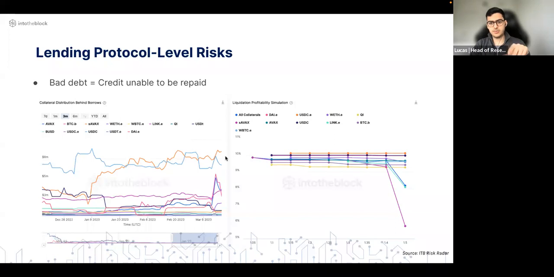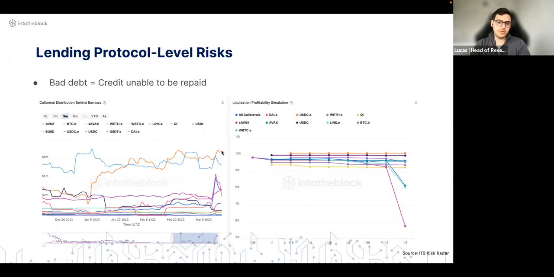So I think this is for the USDC pool in Bank. You can see here that there's a lot of staked AVAX tokens borrowing USDC, and there's also some people apparently borrowing USDC against their USDC.